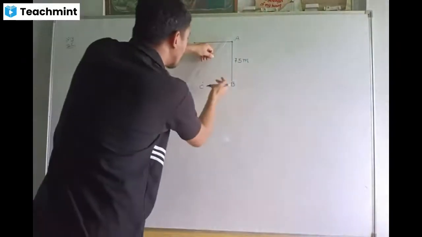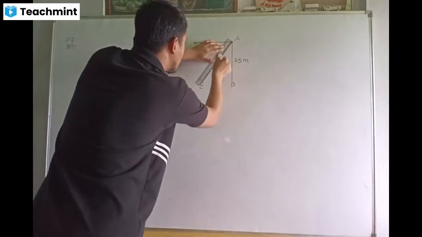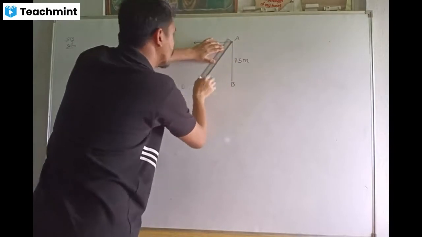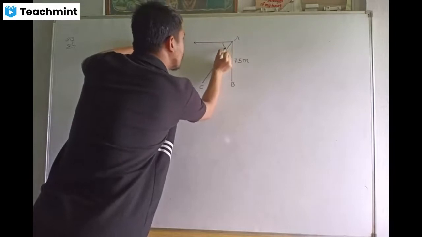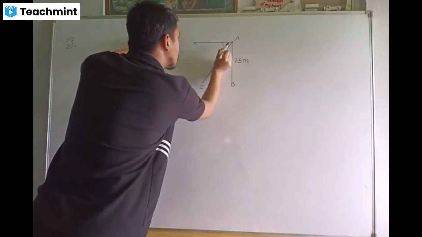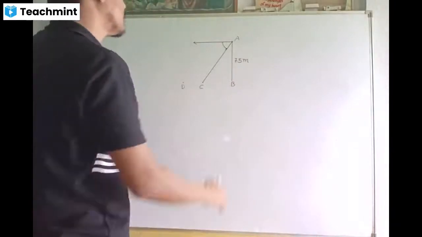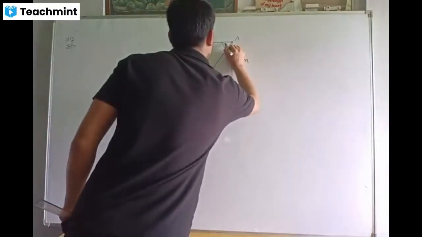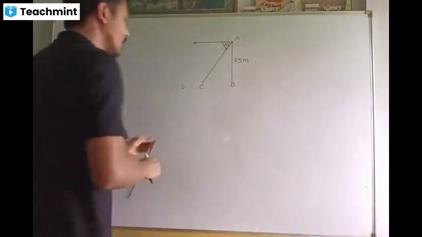So this observer is looking down at the first ship with an angle of depression. The bigger angle is given to be 45 degrees.